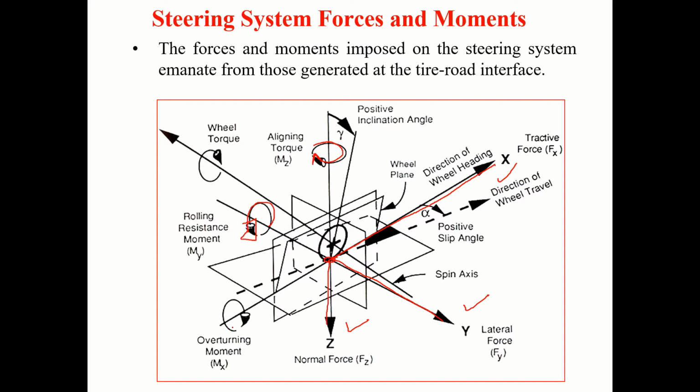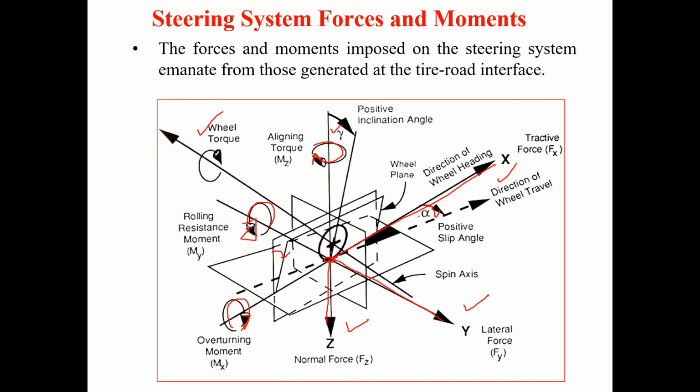About the x-axis, you are having overturning moment. The wheel is spinning on the tire axis, that is the spin axis. That is the wheel torque that is acting. As I said, this is the tire slip angle. Then you have the camber, here positive. The camber angle shown here is gamma.